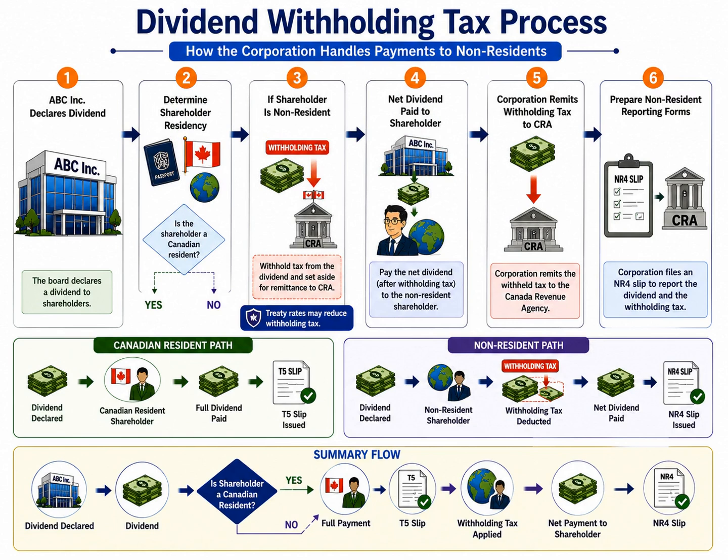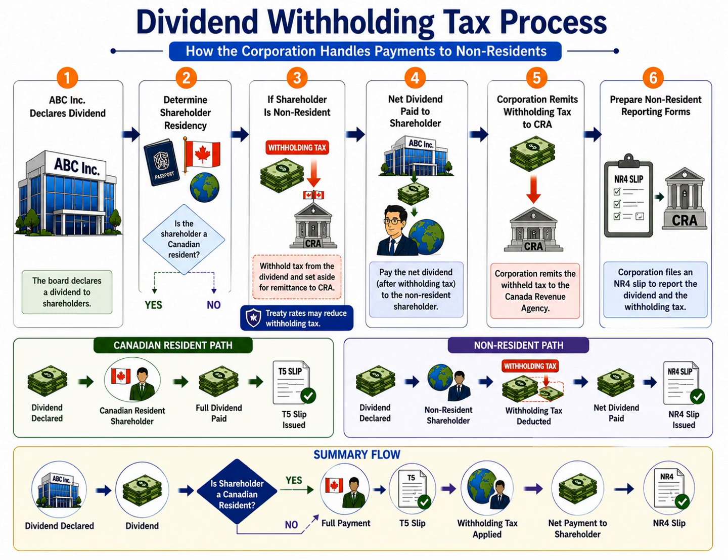The board of directors declares a dividend after confirming that the corporation has sufficient after-tax profits available for distribution before the payment is made. However, the corporation must determine whether the shareholder is a Canadian resident or a non-resident for tax purposes.